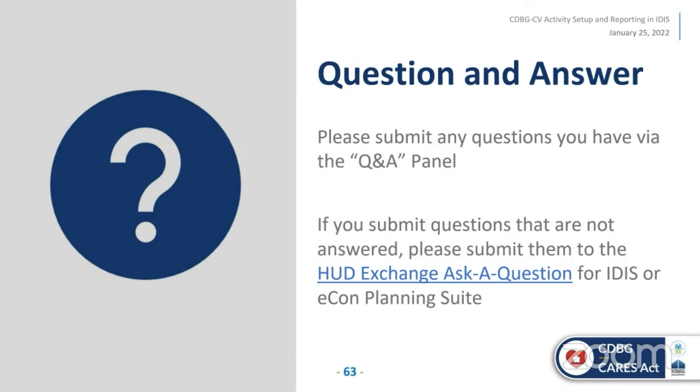Housing rehab is the only type of activity that has an activity delivery cost matrix code, which is 14H. We have set up activity rules. In general, housing rehab is the only activity that is allowed to separate actual construction activity from housing rehab admin costs.